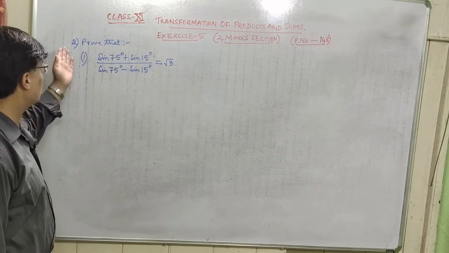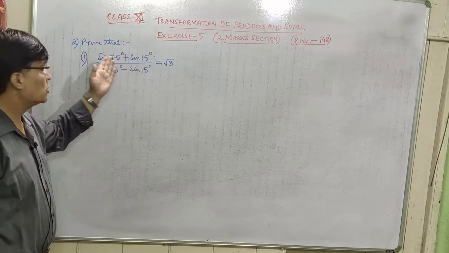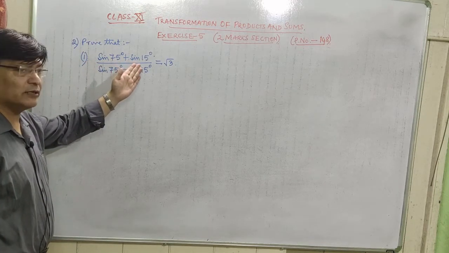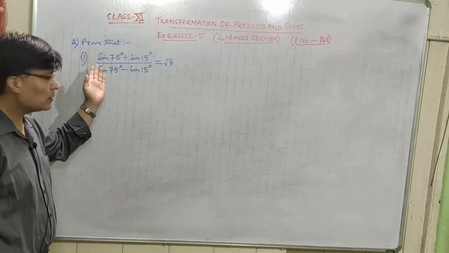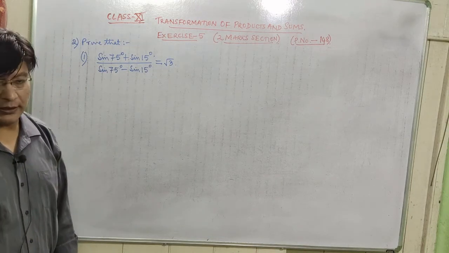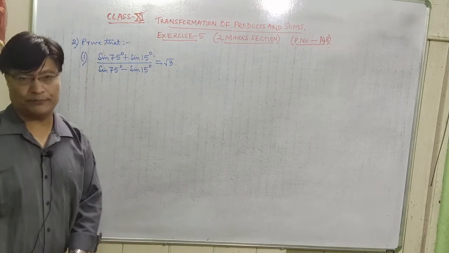So let's do this question number 2. Prove that sine 75 degree plus sine 15 degree divided by sine 75 degree minus sine 15 degree is equal to root over 3. So let's prove it now.